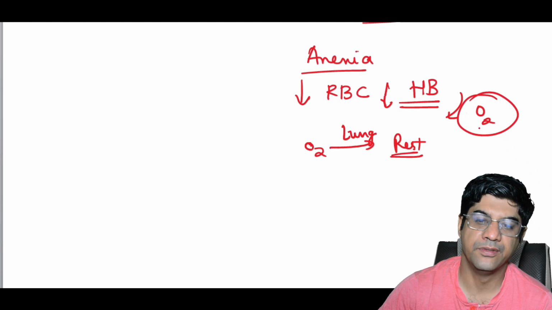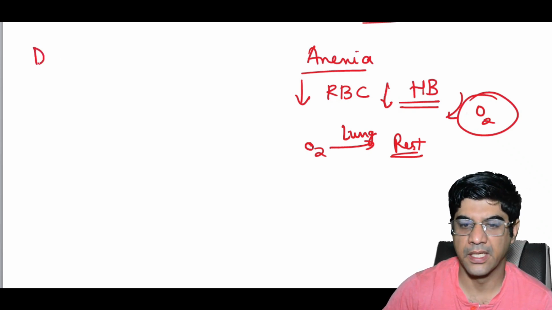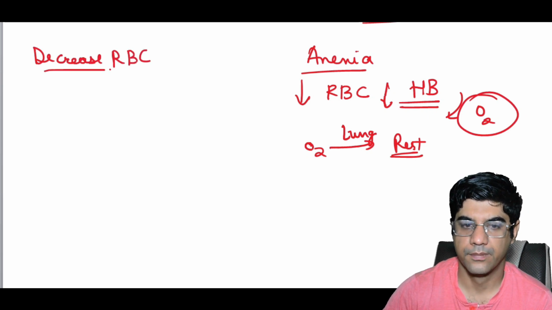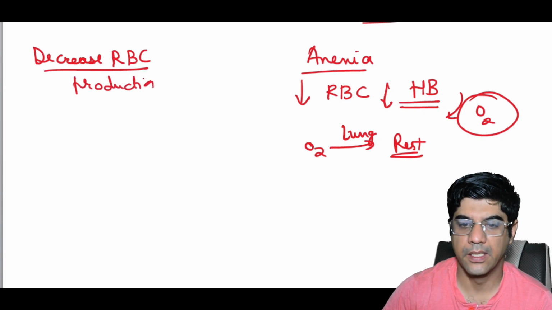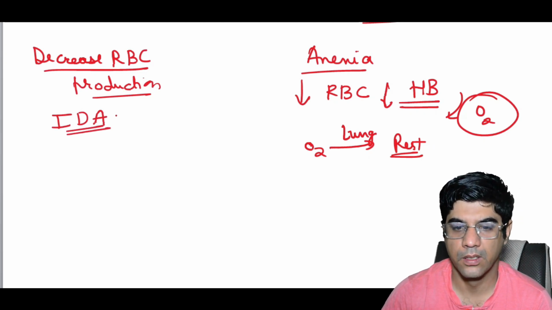Anemia can be classified based on various factors. First is decreased production of RBC. Iron deficiency anemia is the most common deficiency where the body lacks sufficient iron to produce hemoglobin.